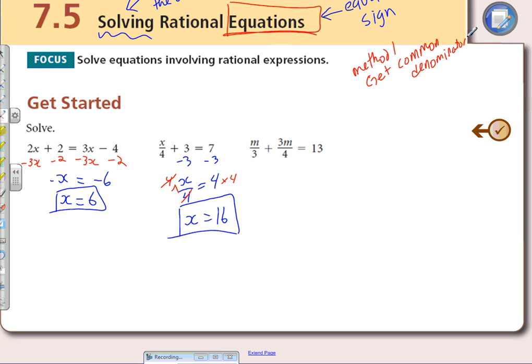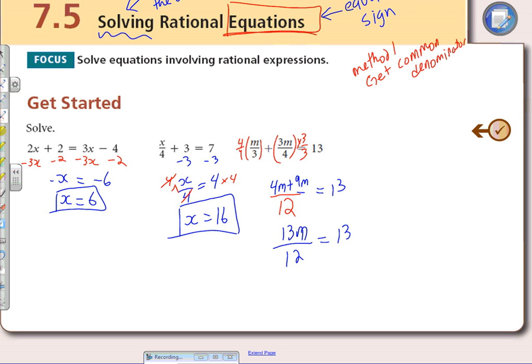The way that that's going to look is we need to get this part, 3 and 4, into a 12. So I need to multiply this one by 4 over 4, and this one by 3 over 3. Same thing as what we were doing before. So we get 4m plus 9m is equal to 13. Add your numerators there. 13m over 12 is equal to 13.